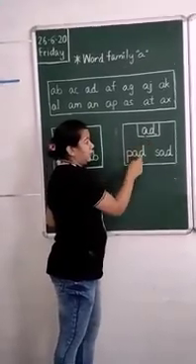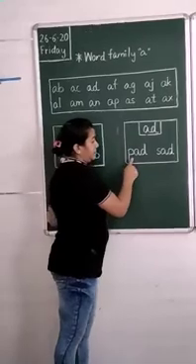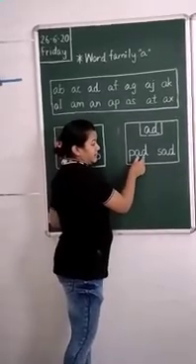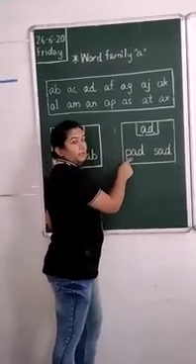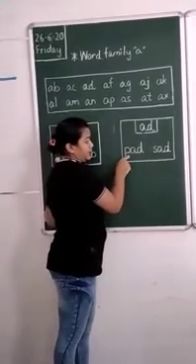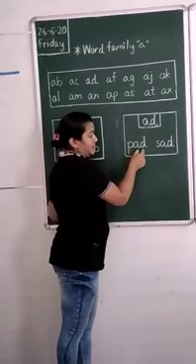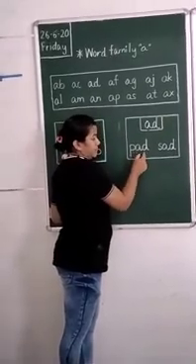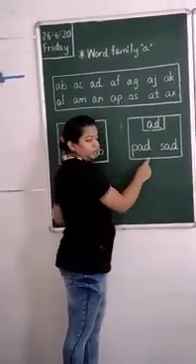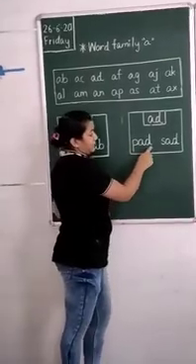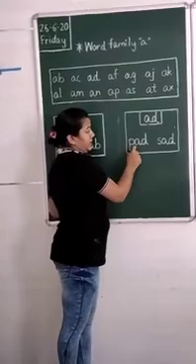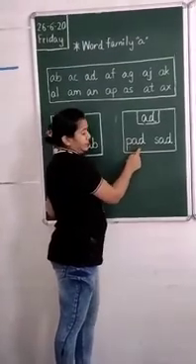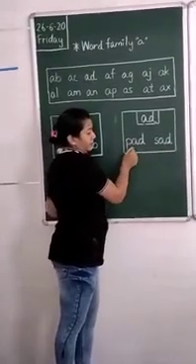This is add. Now you help me to read it. P says p, this is add. P-add, pad. Which word is formed? Pad. This is a 3-letter word. P-A-D, pad.